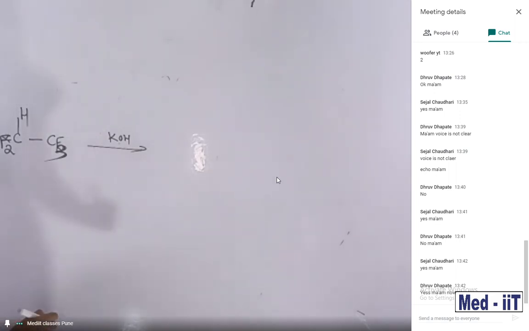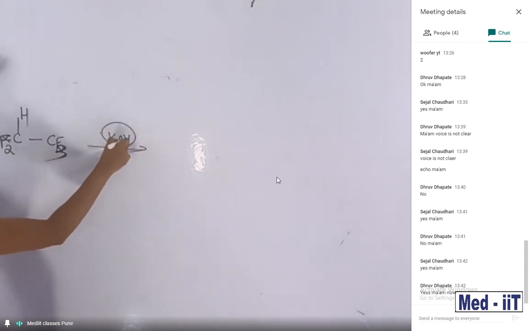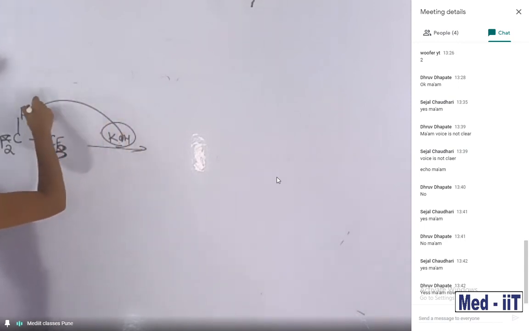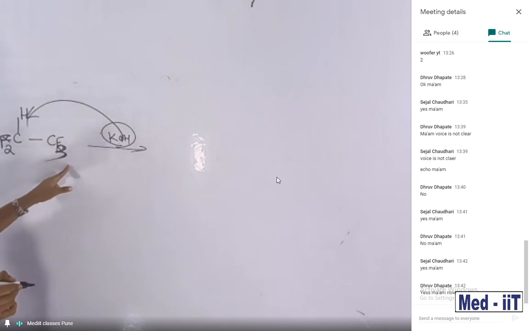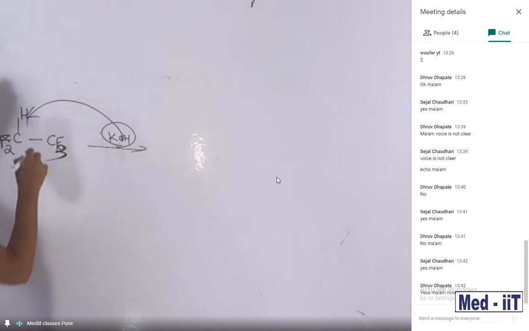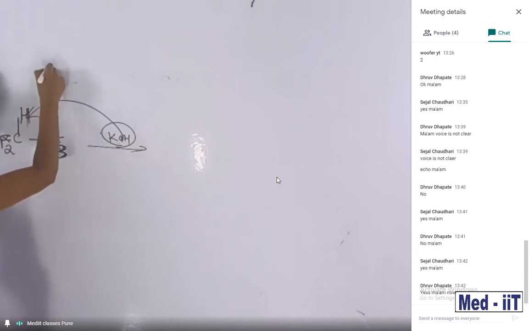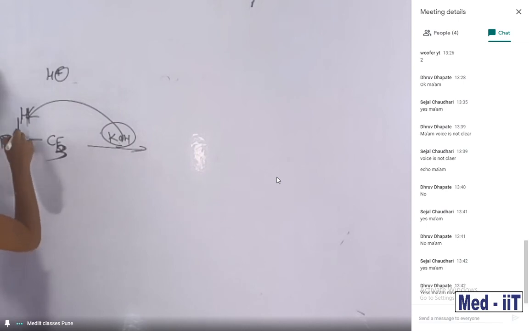Look, check. In this case, this is the base. This base will abstract a proton. Look, this is the condition. This is an elimination type reaction. Also, this substrate contains a removable proton. Where is the removable proton? Okay, the removable proton is here. This proton means H plus. So hydrogen can be easily removed because there are two fluorines with one removable proton.